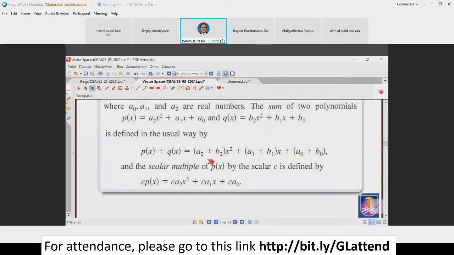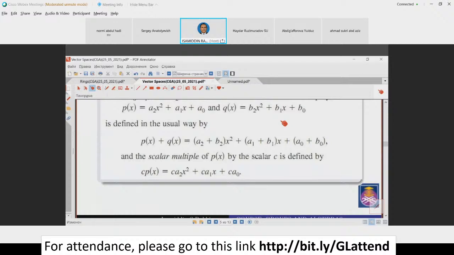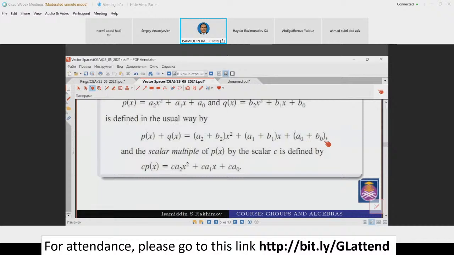P(x) plus Q(x) is just take corresponding coefficients of power of x. We already did it for polynomials, how to add polynomials, we know. So this is the resulting element's coefficients: A2 plus B2, A1 plus B1, and A0 plus B0.